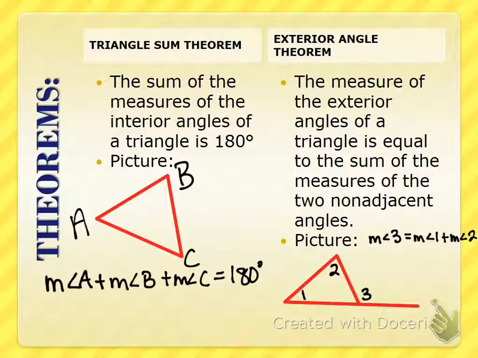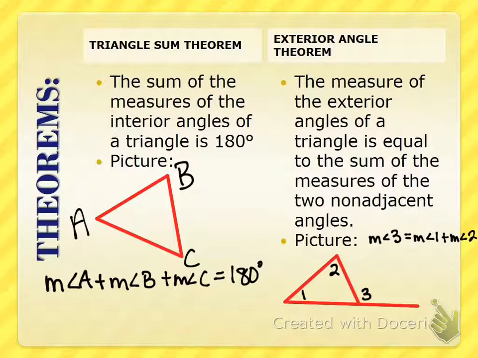Okay, so for this picture that I drew, my exterior angle was angle 3. So this theorem states that the measure of angle 3 is going to be equal to the sum, or addition, of the two interior angles that are not adjacent to angle 3. So that would be angles 1 and 2.